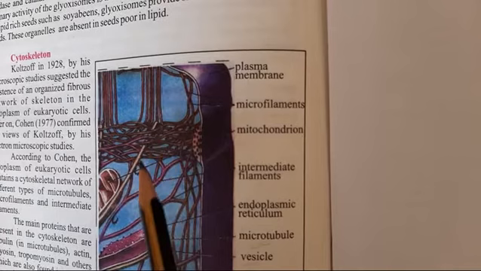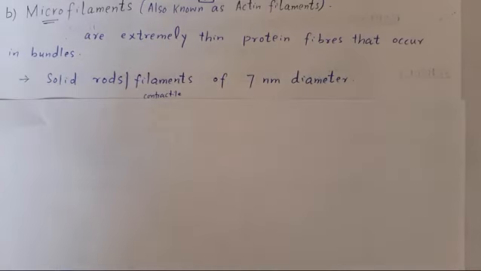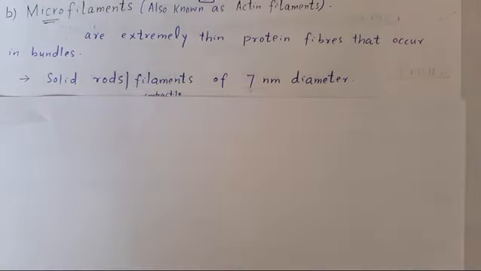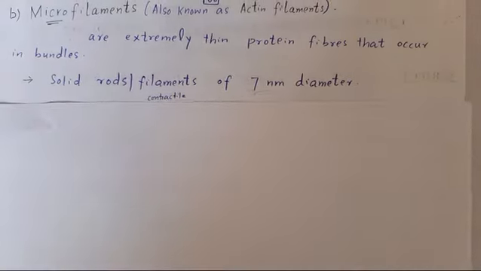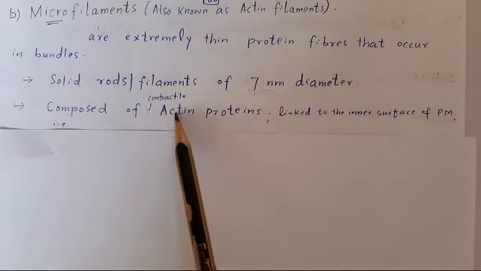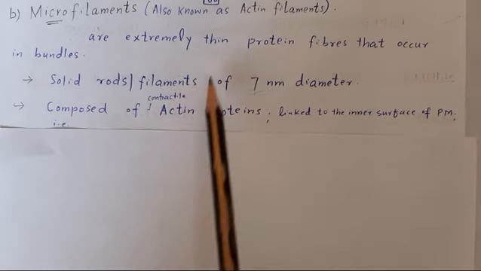These are microfilaments, right? So microfilaments are solid rods or solid filaments of 7 nanometer in diameter. They are composed of actin proteins, so also known as actin filaments.